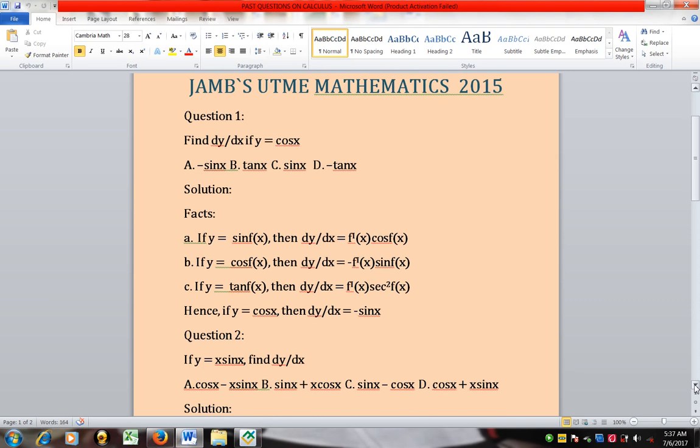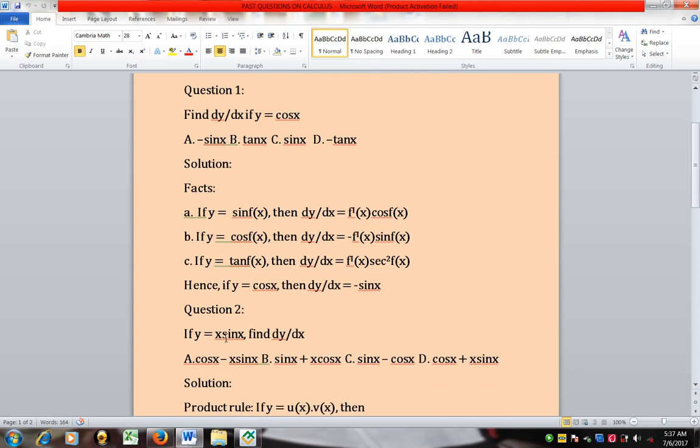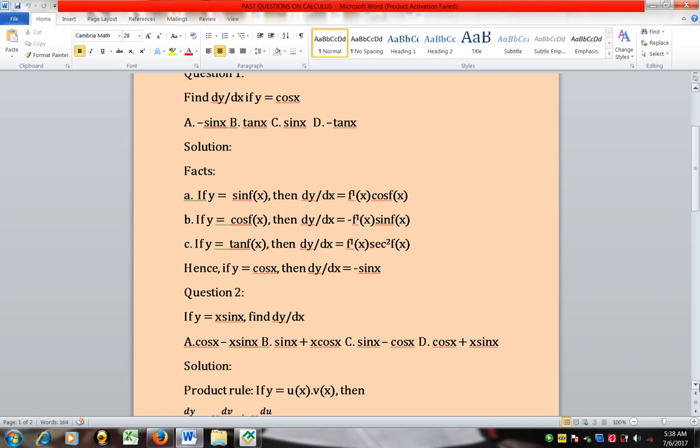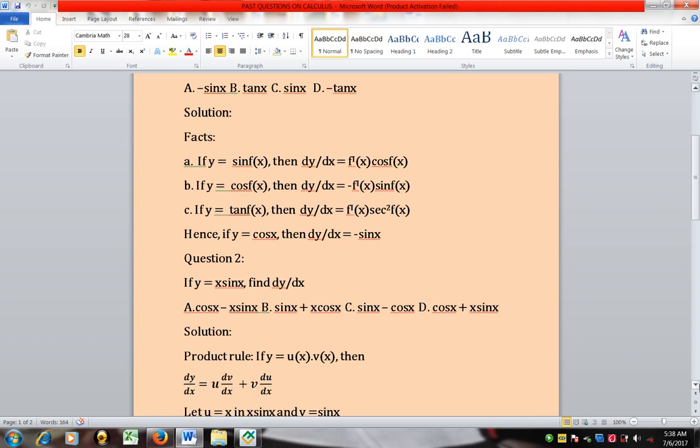Question 2. If y equals x sine x, find dy/dx. So if we want to differentiate this kind of function, we need to use what we call the product rule.